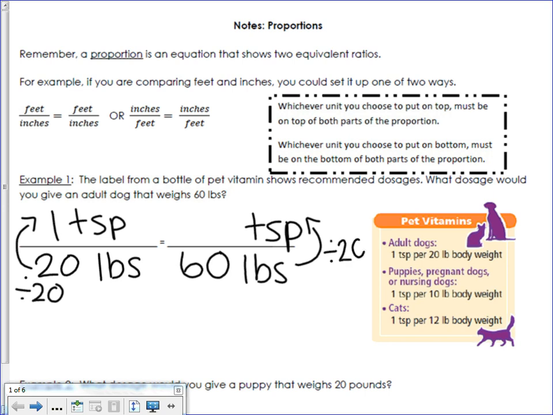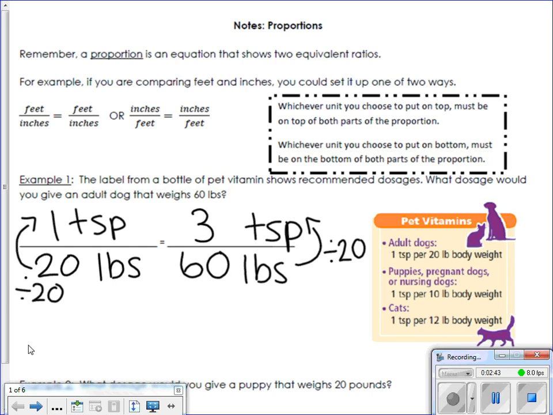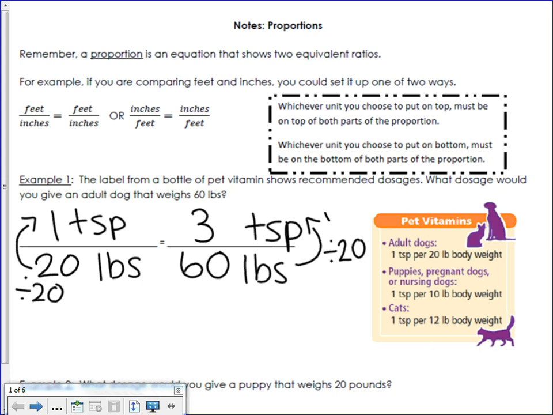So I must now divide 60 by 20. 60 divided by 20 gives you 3. So I know that I would need 3 teaspoons for a 60-pound dog. So solving this, we found a relationship within.